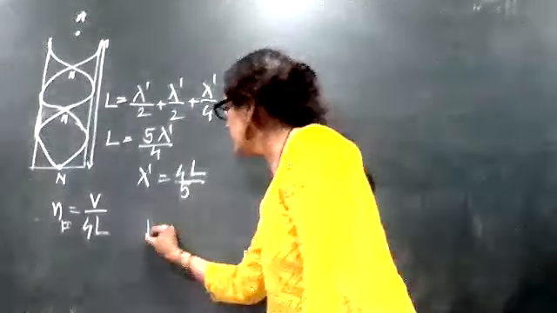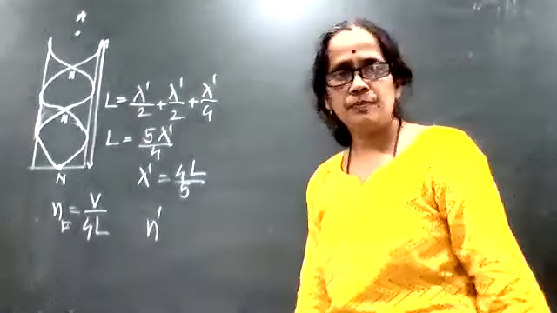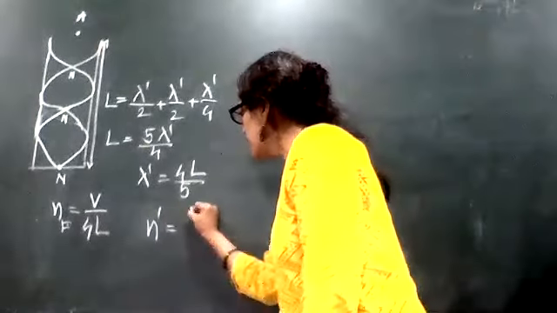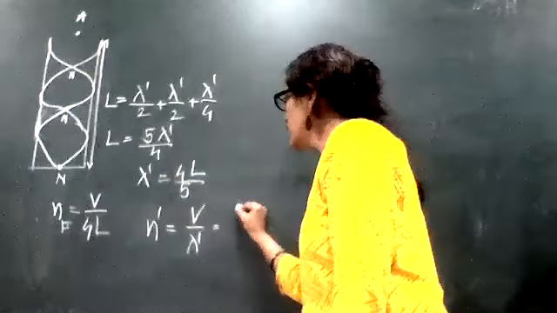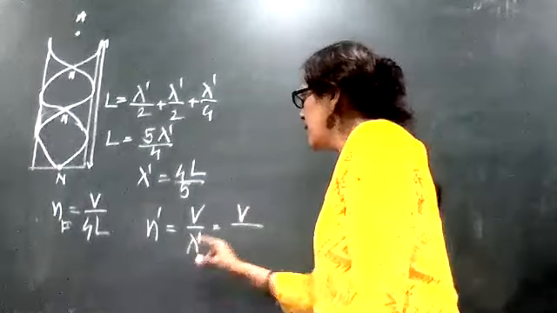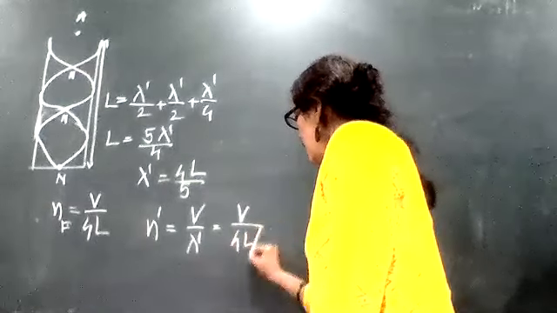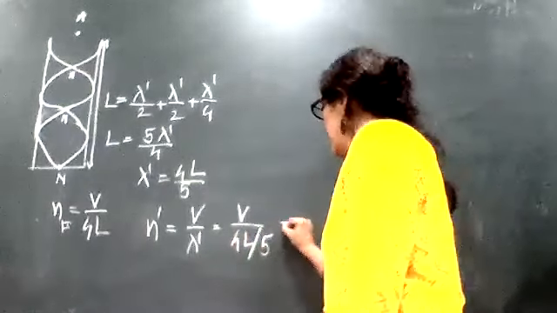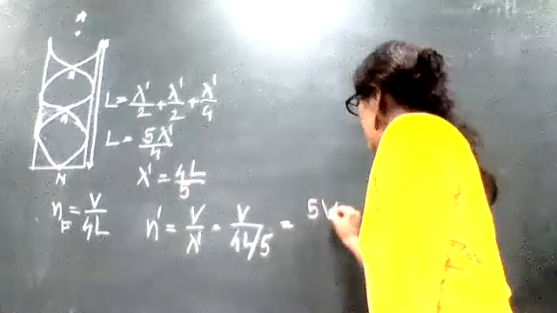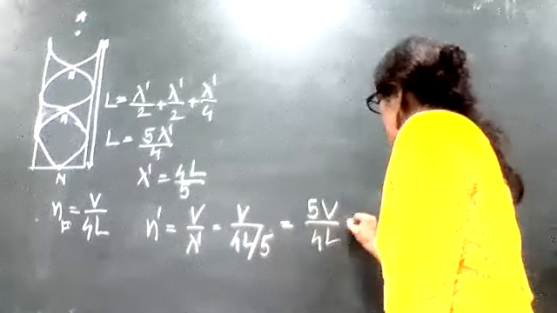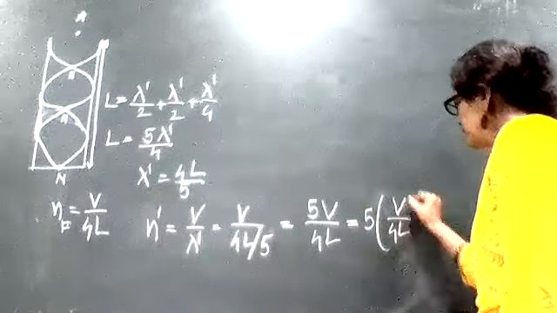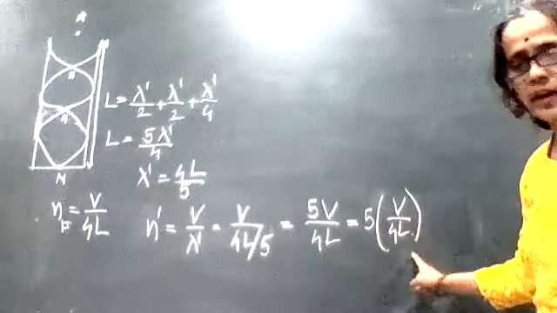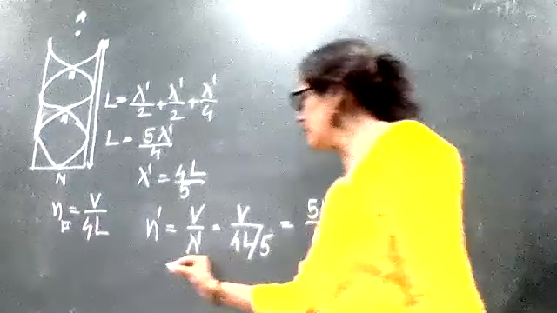So now the frequency n dash is nothing but v upon lambda dash. So I write v divided by lambda dash, which is 4L upon 5. So it is 5v upon 4L, which can be written as 5 into v by 4L. And your v by 4L is nothing but the fundamental frequency.